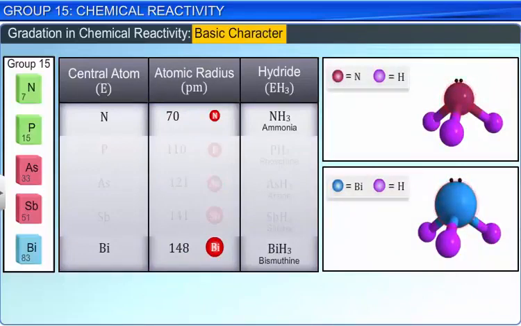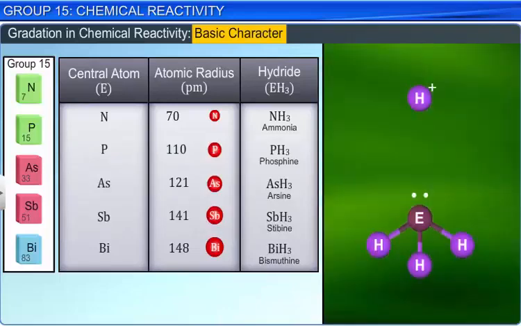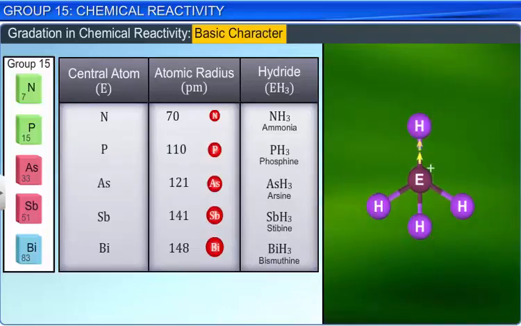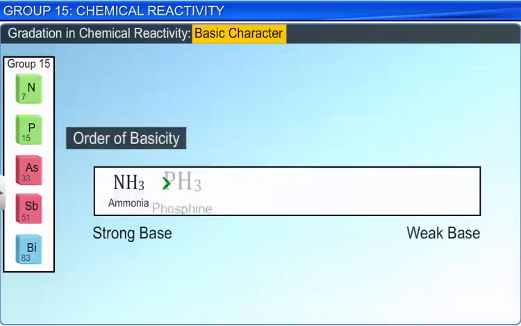The decreasing order of the basic nature of hydrides is represented here. It is apparent that ammonia is the strongest base of all hydrides.